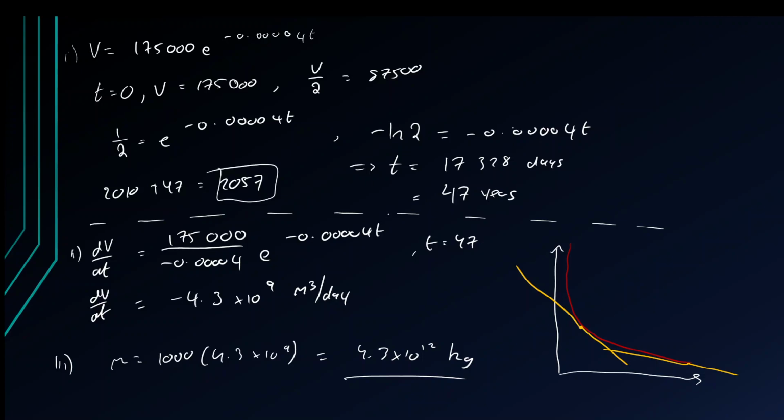Just to put that into perspective, if we left the hydroelectric power station running all day, every second we'd have 4.97 times 10 to the 7 kilograms of water flowing per second, which is absolutely absurd.